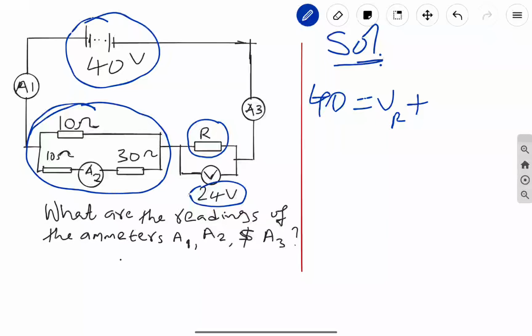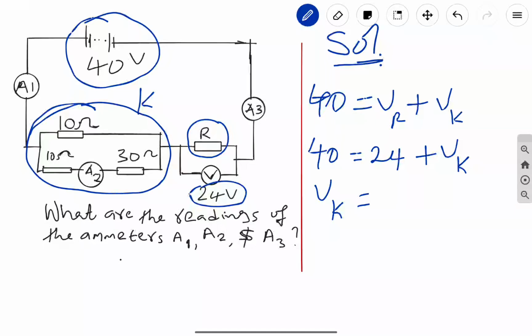Let's take the whole of this as K. So it's the voltage across K. If our voltage supply is 40 and the voltage across R is 24 volts, plus voltage across K, then the voltage across K is equal to 40 minus 24, and that gives us 16 volts. So the voltage across the whole of this component is 16 volts.